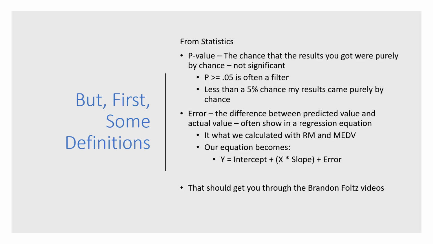So you'll often see linear regression equations set up just this way: y equals intercept plus x times slope plus error. And that's how we calculate the actual y value, not the predicted, but the actual y value. You'll get through some of that in the Brandon Fultz videos, as I had indicated.